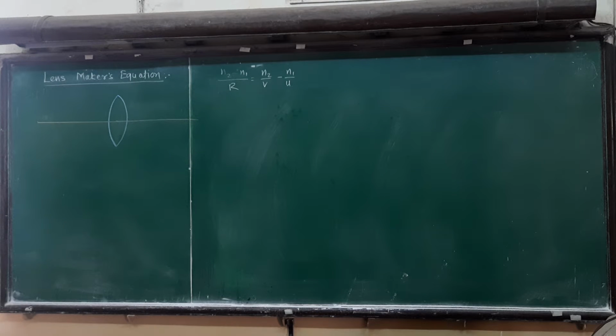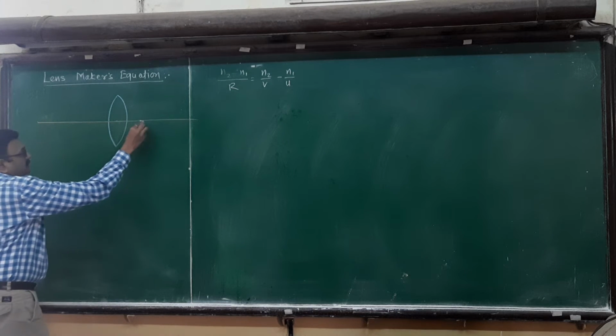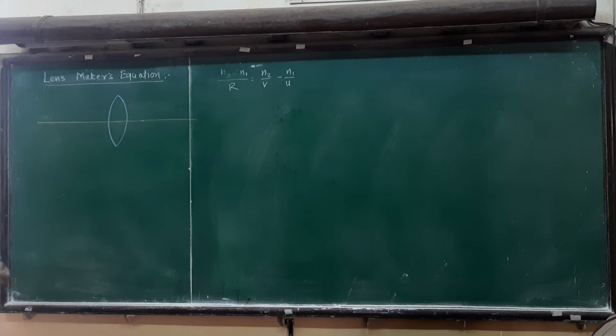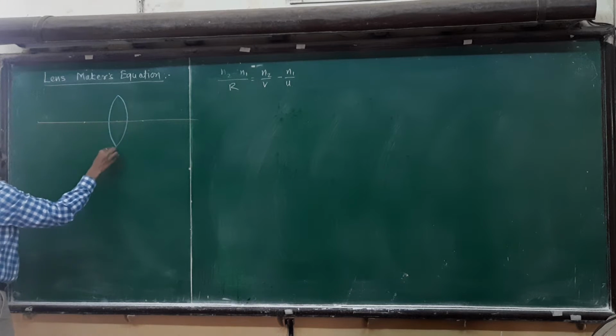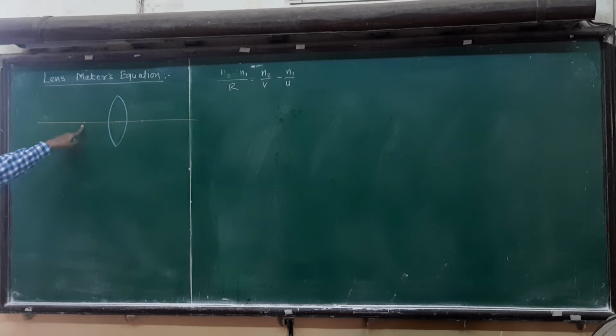On this principal axis, the first curved surface has center C1, and the second curved surface has center C2, where C1 and C2 are the two points where the centers are present.